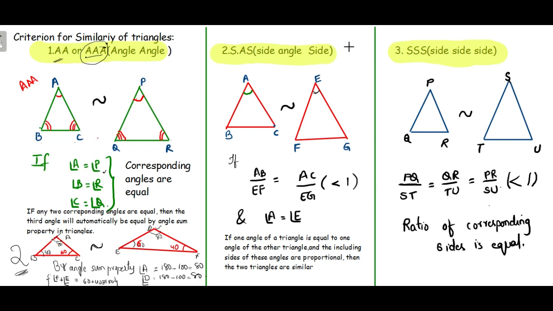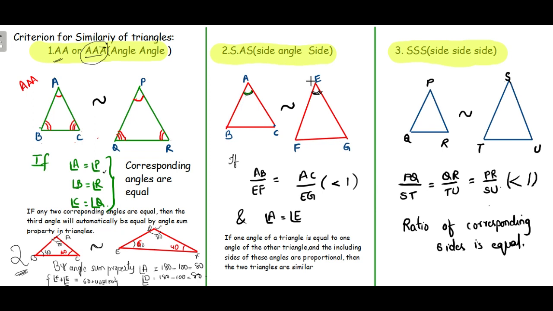The second one is side angle side. In this similarity, as you can see, side angle side means this angle is formed by these two sides. Here these two angles should be equal. Here angle A is equal to angle E, and these angles are included by which sides?